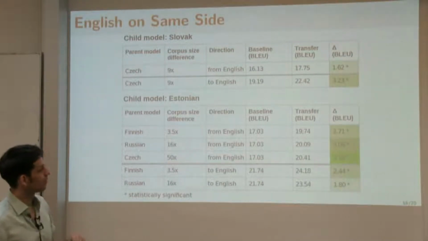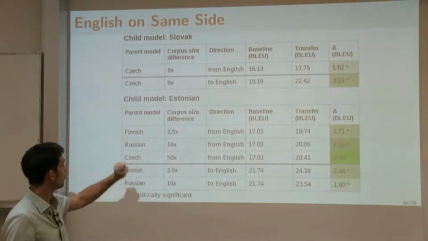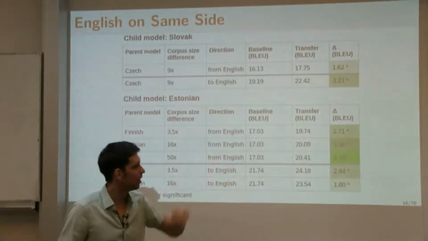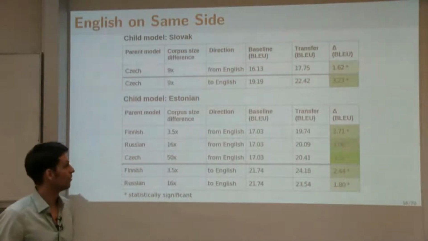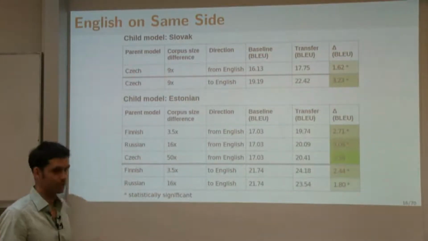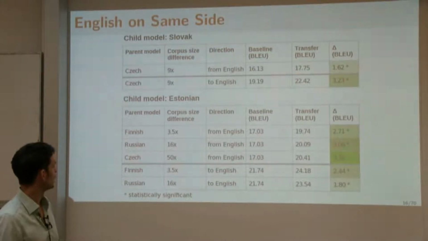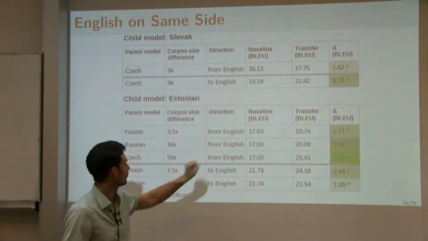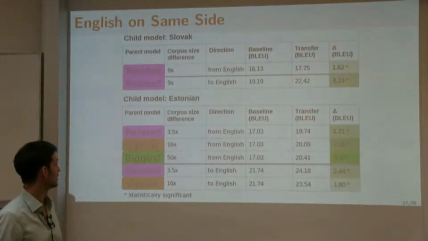When you look at these scores, from the related language we get some improvement. From Russian, which is larger, we get a bigger improvement, and we get the biggest improvement from Czech, which is totally unrelated. And we get the improvement when we are going from English. So that's the setup tested here.